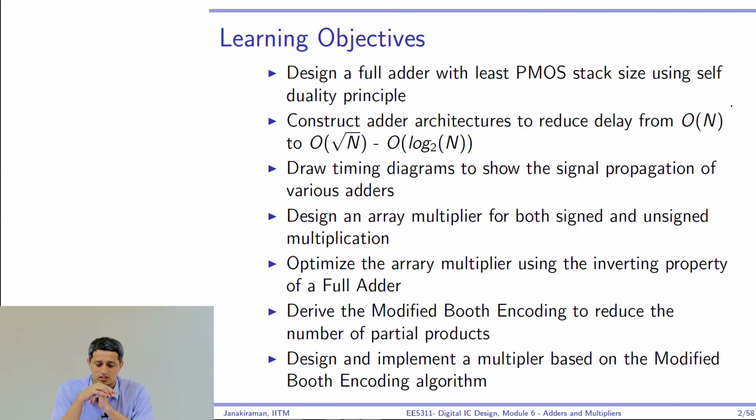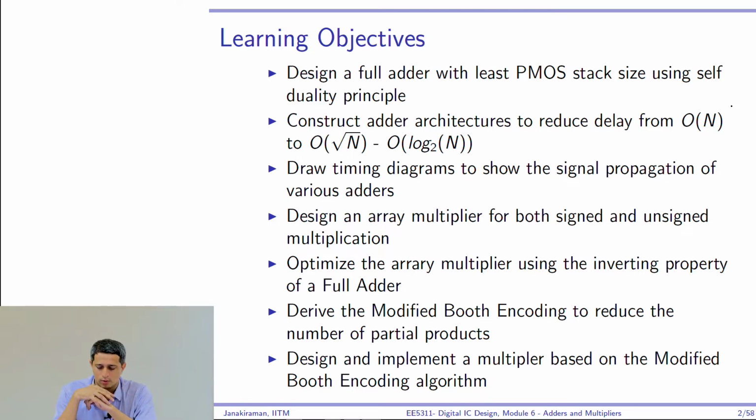Then you should be able to design an array multiplier for both signed and unsigned multiplication. So we'll also look at signed multiplication where the numbers will be represented in 2's complement form, right? So we look at the math behind the 2's complement multiplication. Then we'll see how an unsigned multiplier can be converted to a signed multiplier with very minimal modifications and the math behind it so that it is consistent, right?